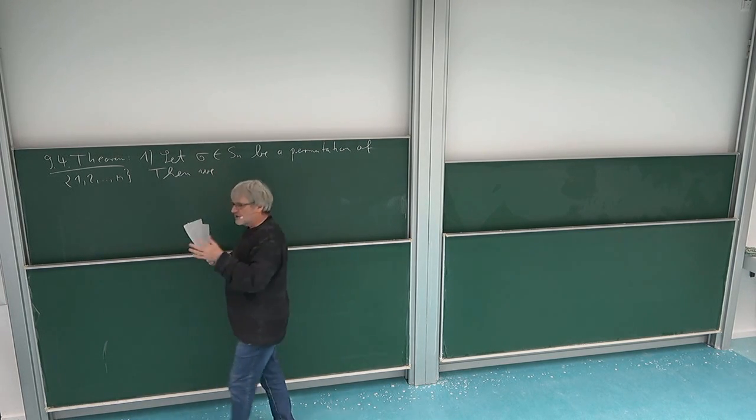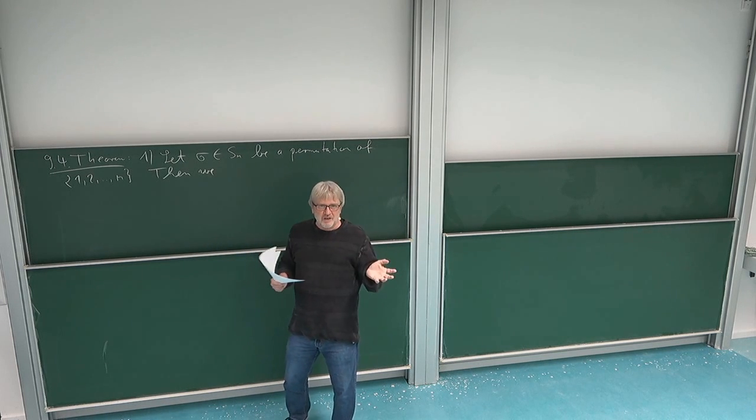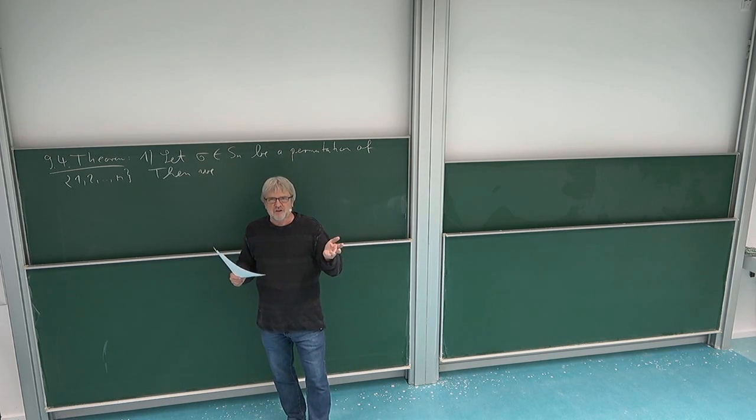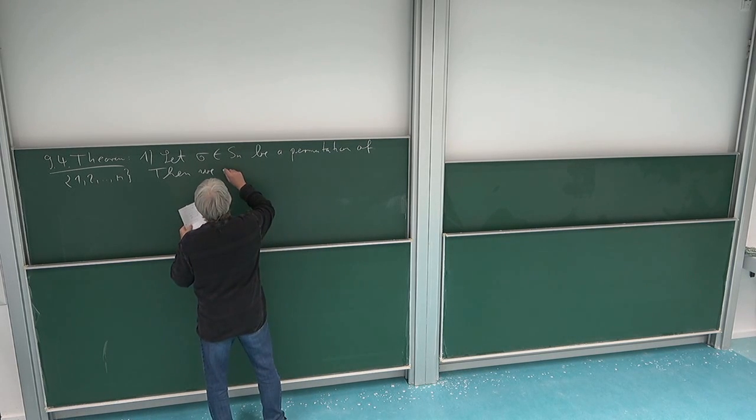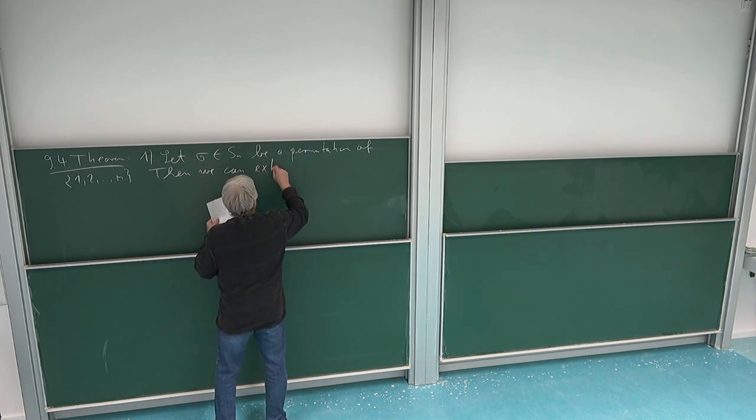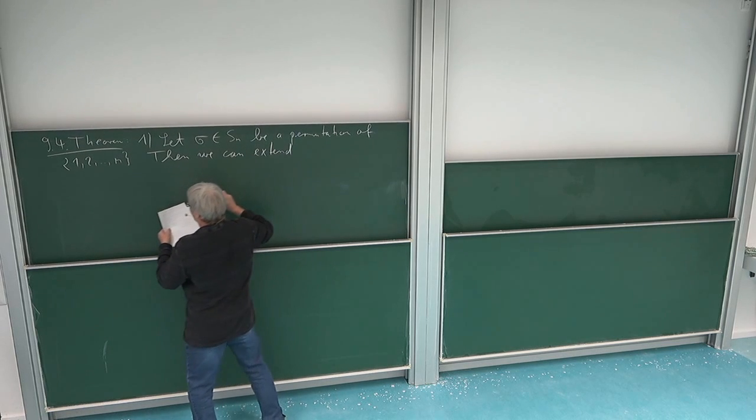In the tensor product, elements are given by linear combinations and also maybe infinite linear combinations. But of course, it's enough to define this essentially on one elementary tensor. Then we can extend, and it is clear how we should define it.